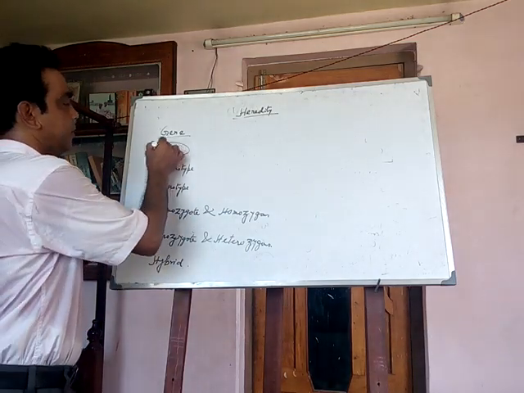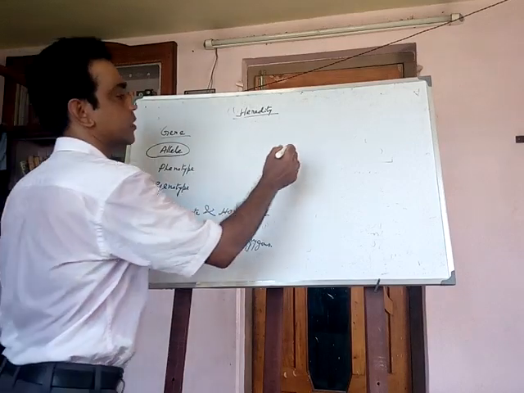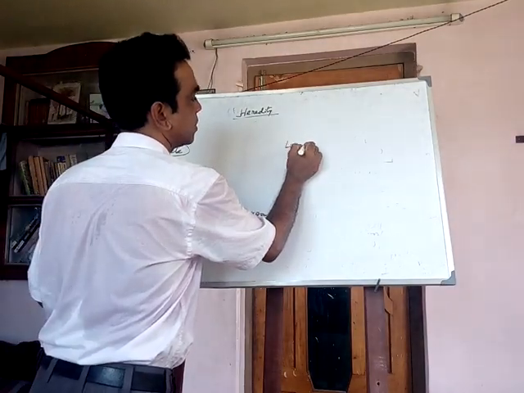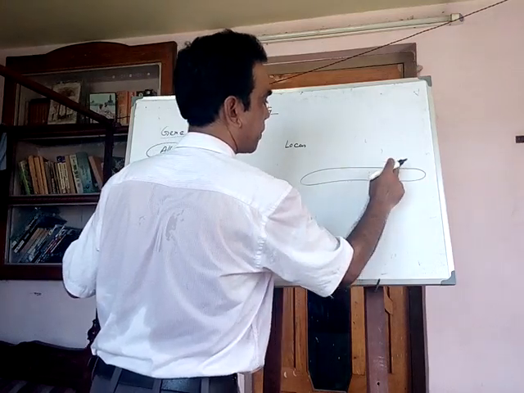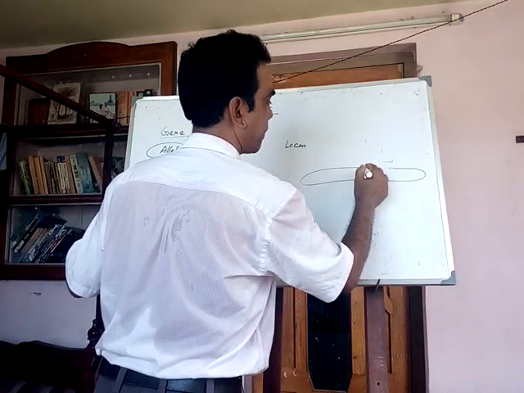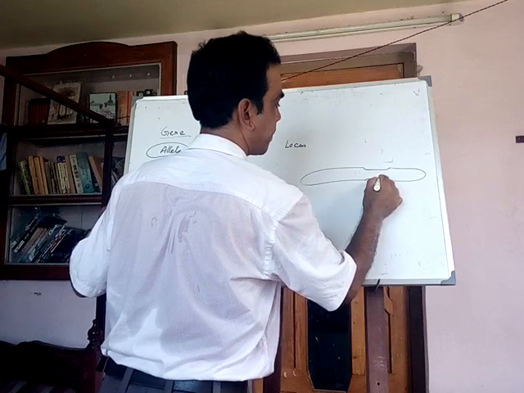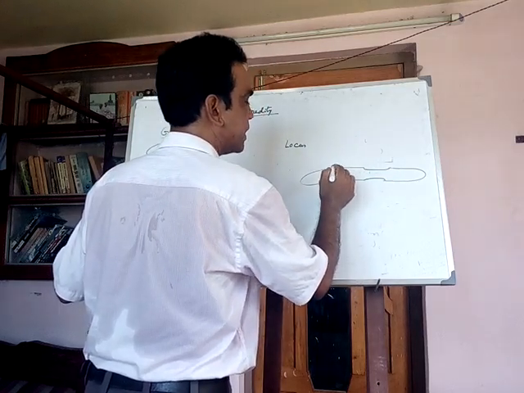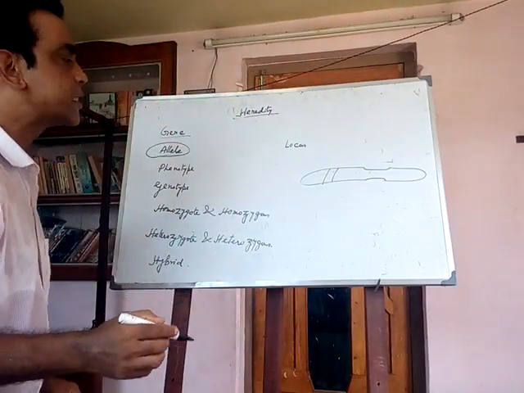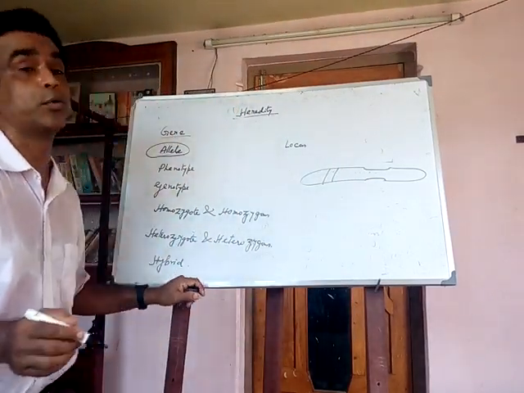What is allele? We learn about allele from the point of locus. What is locus? It is on the chromosome. That is the point where the similar or dissimilar genes are found.